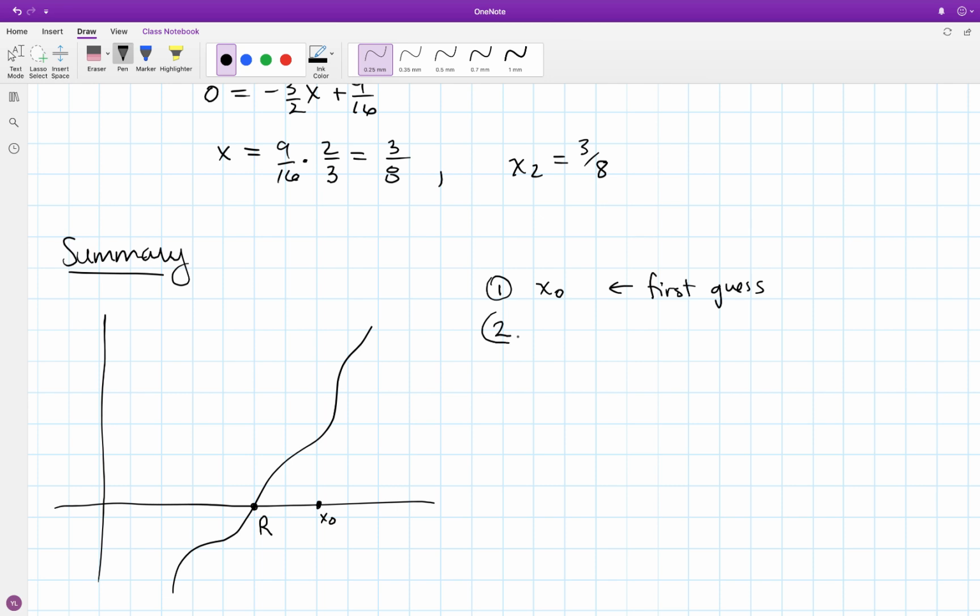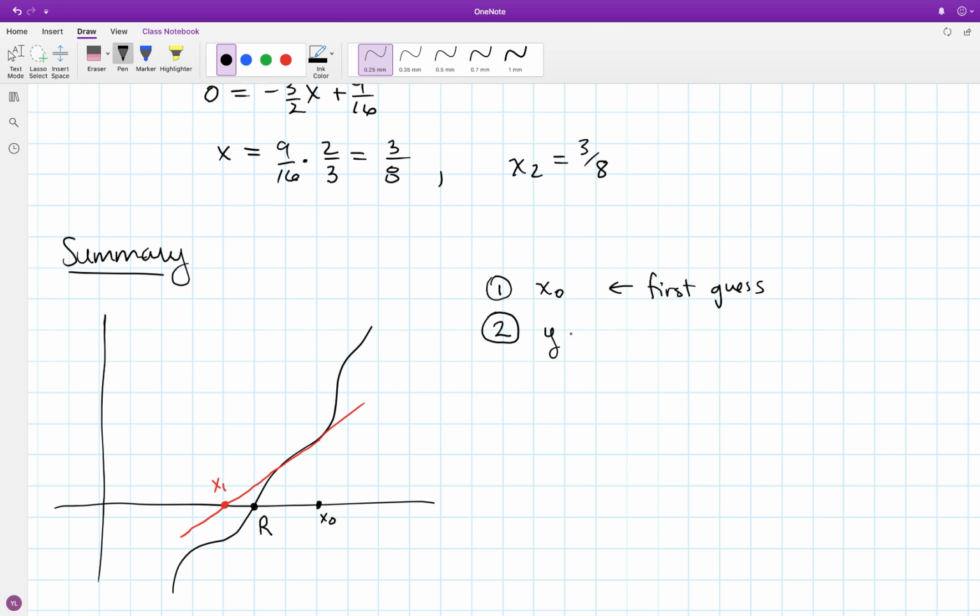Okay, then what did we do? We computed the linearization. What that looks like is, draw the tangent line to the curve at that x value, something like that, and see where it hits the x-axis, and that's going to be your new guess. Well, in general, what does that look like?